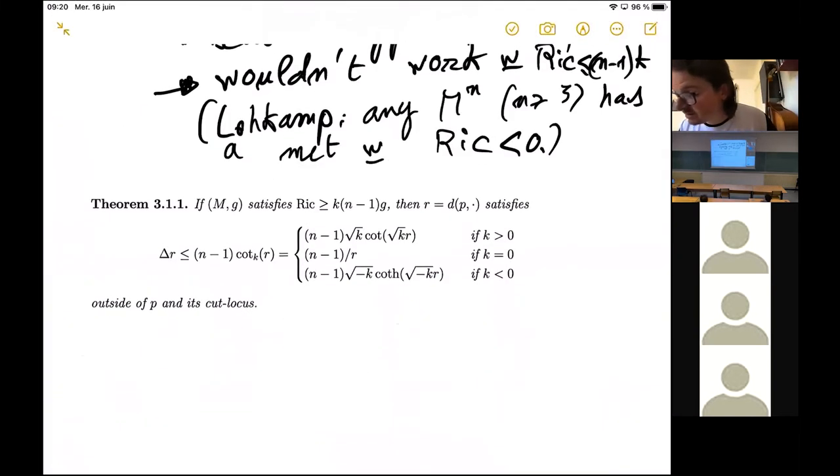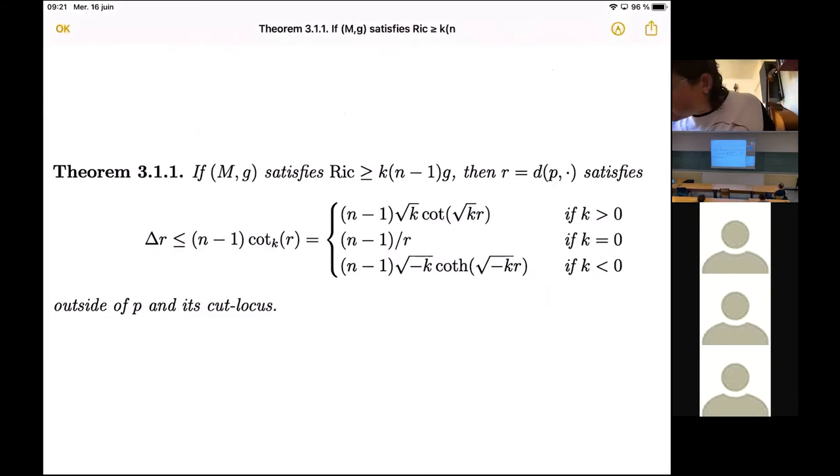Okay, so this is the Laplacian comparison theorem for the distance function. It tells you that when you have a lower bound on the Ricci curvature, then at least outside of the cut locus and outside of the point where the distance to a point is not smooth, you get that kind of inequality. The Laplacian of r is less than n minus 1 times this kind of generalized cotangent.